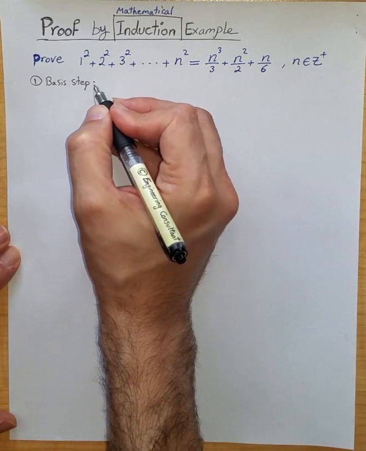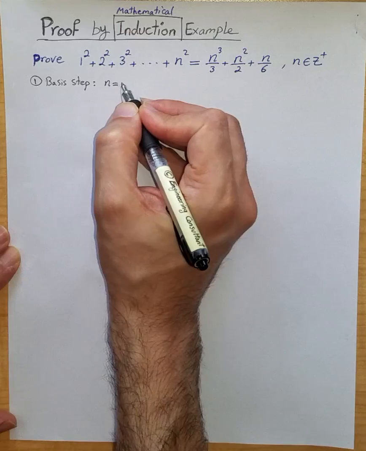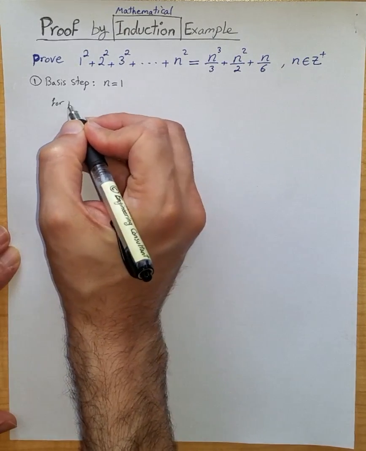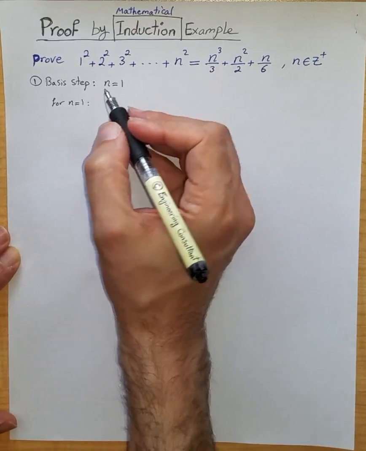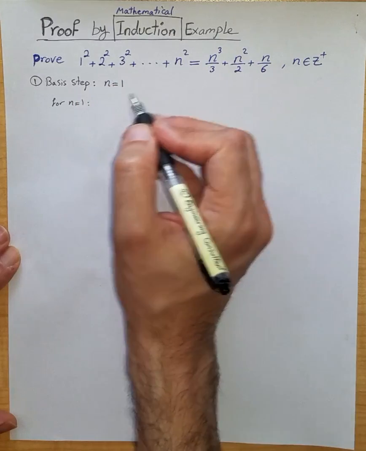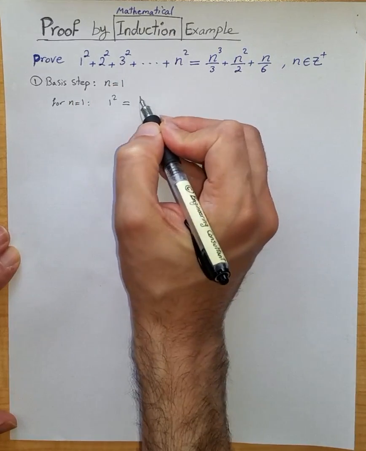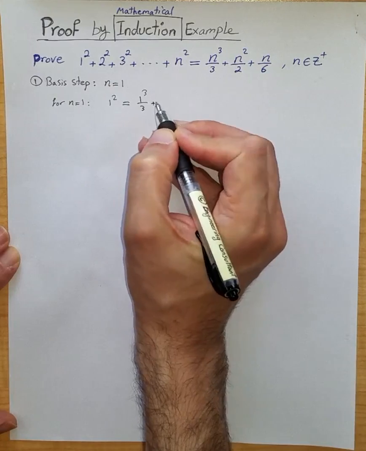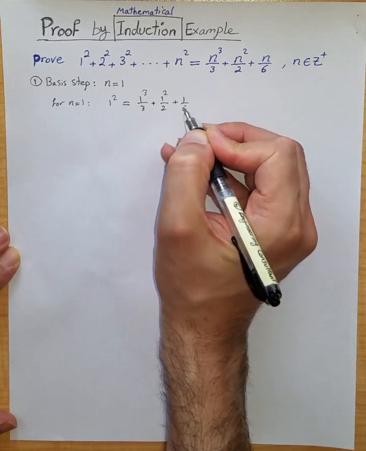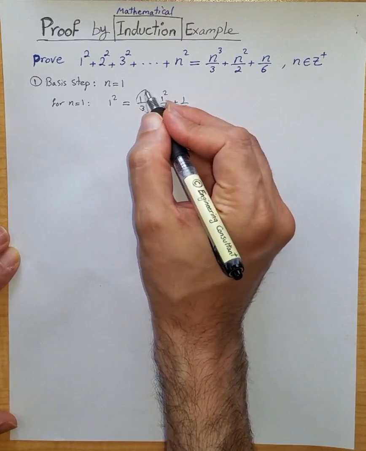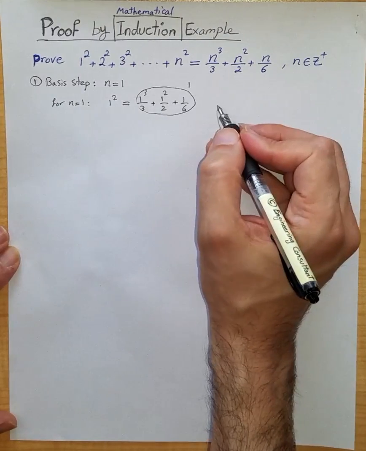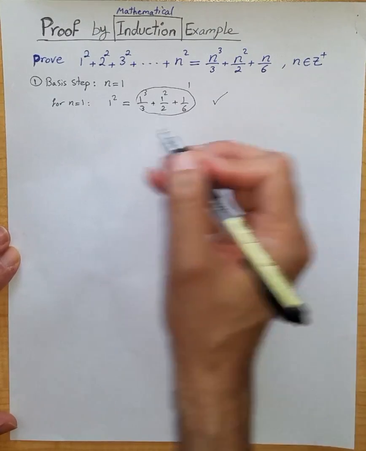So in this case, in the basis step n equals 1, and for n equal to 1 we have only one component on the left hand side, which is 1 squared, and for the right hand side we have 1 cubed divided by 3 plus 1 squared divided by 2 plus 1 over 6. Obviously the sum of these is 1, so both sides of the equation are the same.